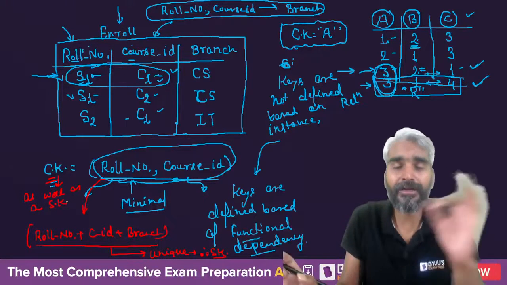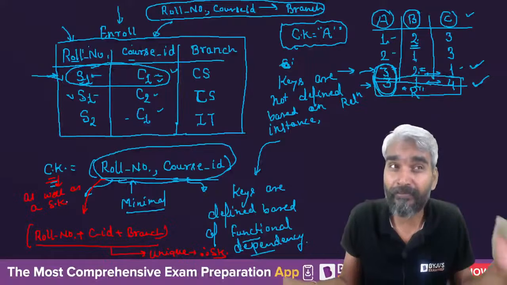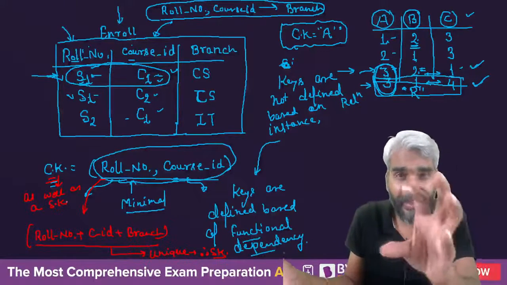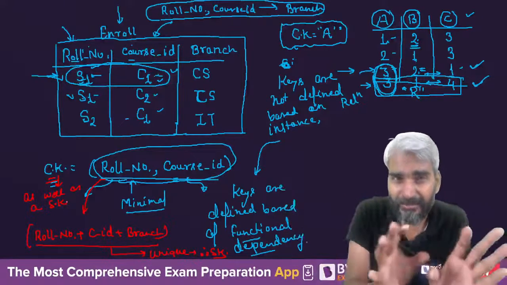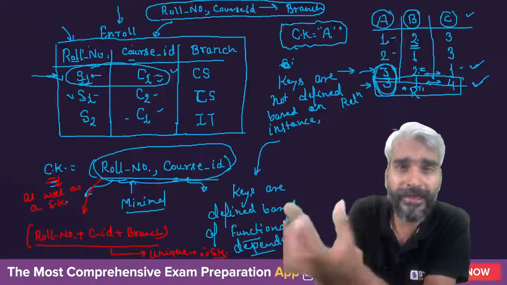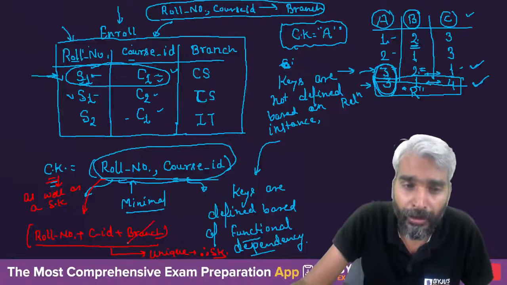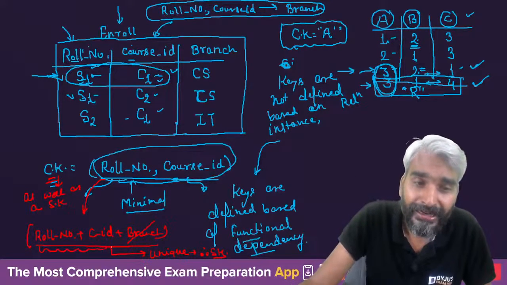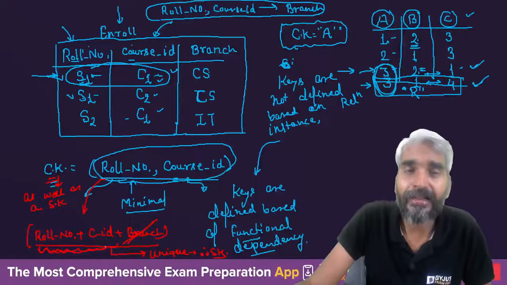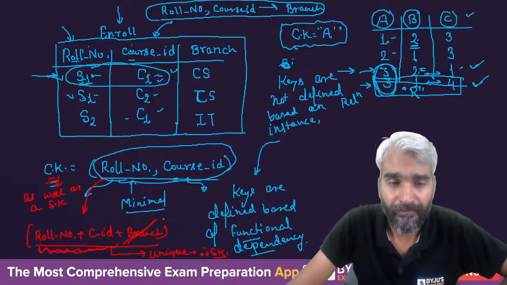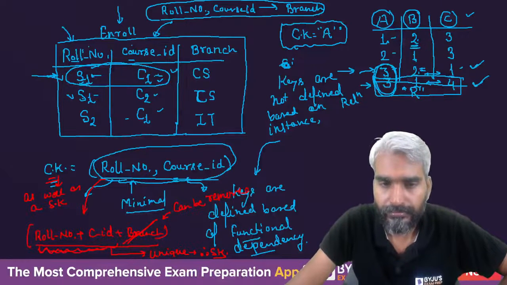So you just need to understand one thing. Every candidate key is a super key because minimal is not a constraint for super key. Therefore, it may be minimal, it may not be minimal. If it is a key which is minimal, then it is a candidate key as well as a super key. But if some set of attributes can uniquely identify the tuples in the relation, but that set of attributes is not minimal, that even if you remove branch from this set, then also it can uniquely identify the tuple, then it can be removed.